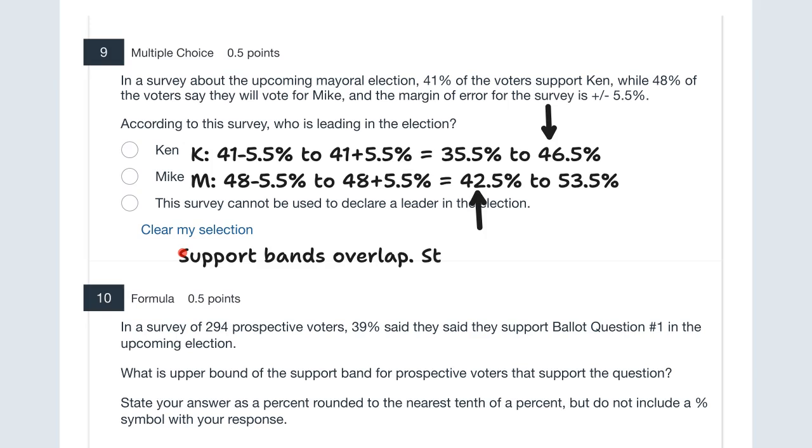That means this is a statistical tie. Since it's a statistical tie, we cannot use this survey to determine who is winning.